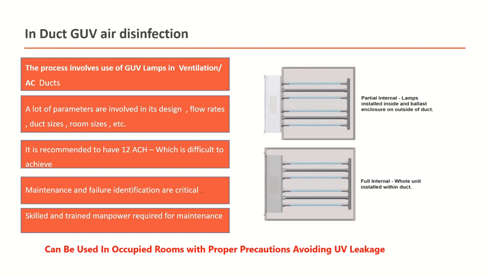But with current electronics, it will be possible, if properly used and proper control methods are used, to identify and indicate lamp failures. This type of air disinfection can be used in occupied rooms with proper precautions, avoiding UV leakage.